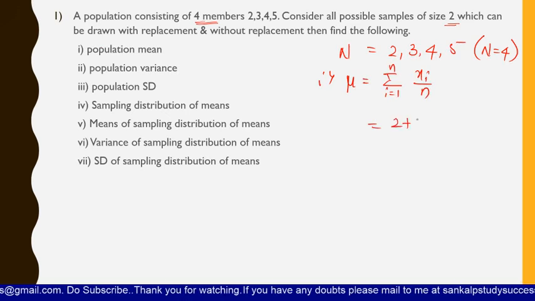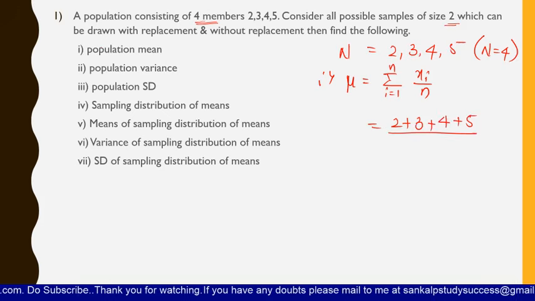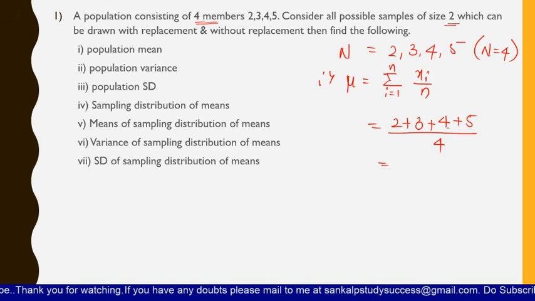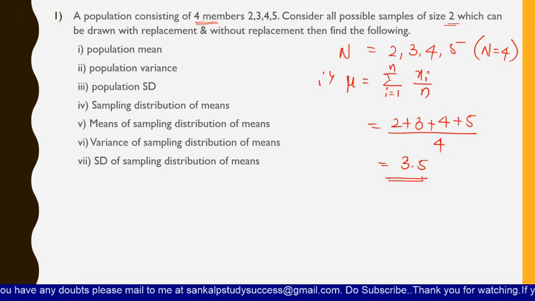So you just add all the numbers and divide by the number of numbers. That means sum of observations by number of observations. You will get 5 plus 4 is 9, and 9 plus 6 is 15, so 15 by 4, which is 3.5. So you will get the population mean as 3.5.